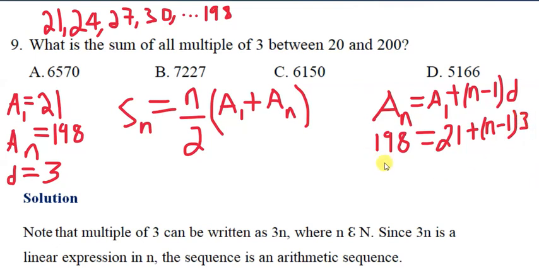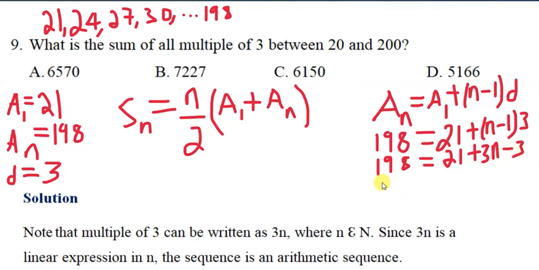Okay, here this becomes 198 is equal to 21 plus 3n minus 3.